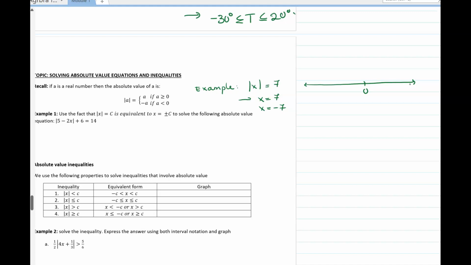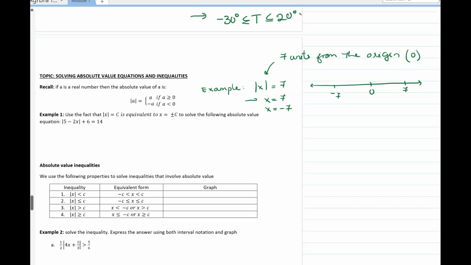So the absolute value equals 7, meaning it's talking about 7 units from 0. So 7 units from 0 can go to 7 or go to negative 7. So this technically is asking for 7 units from the origin, and the origin is 0 in this case.